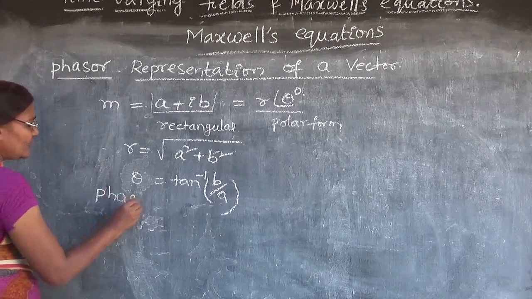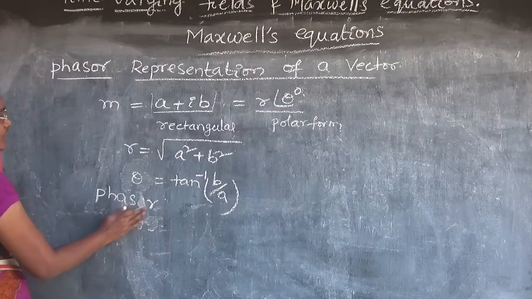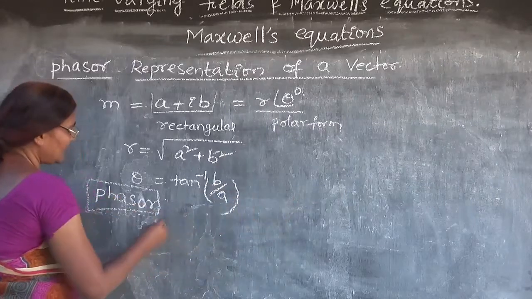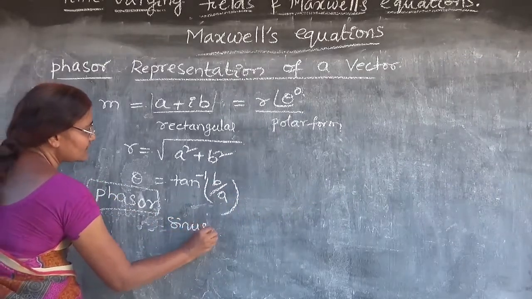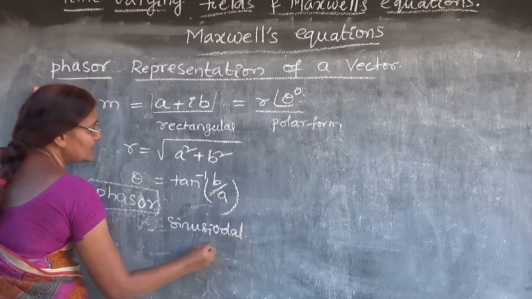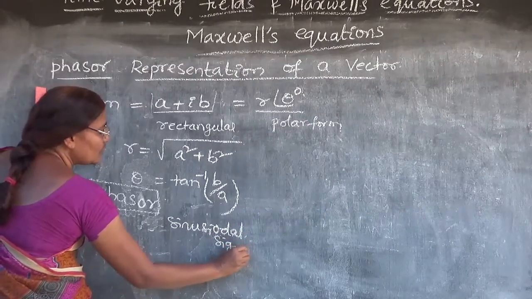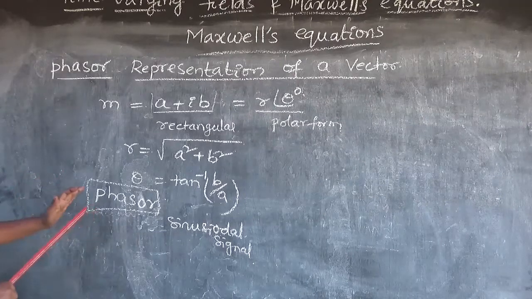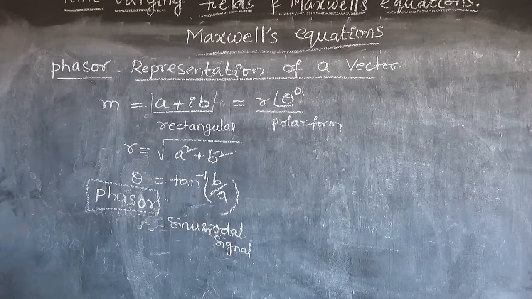Phasor form is only applicable to sinusoidal signals. So if you want to represent any wave in phasor form, the wave should be a sinusoidal signal. So what is a sinusoidal signal?